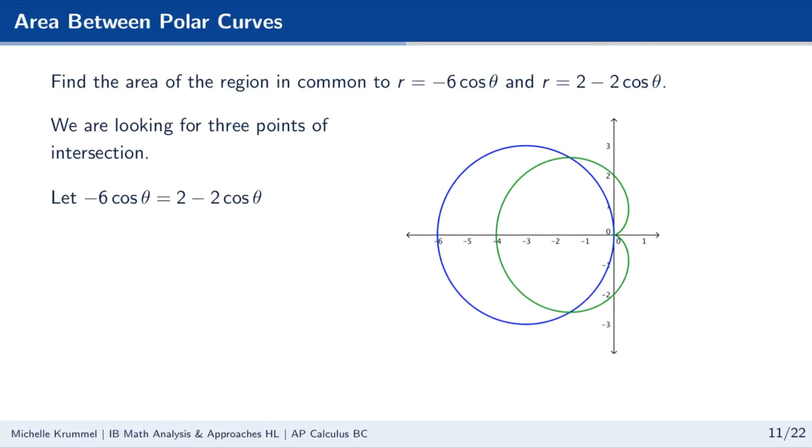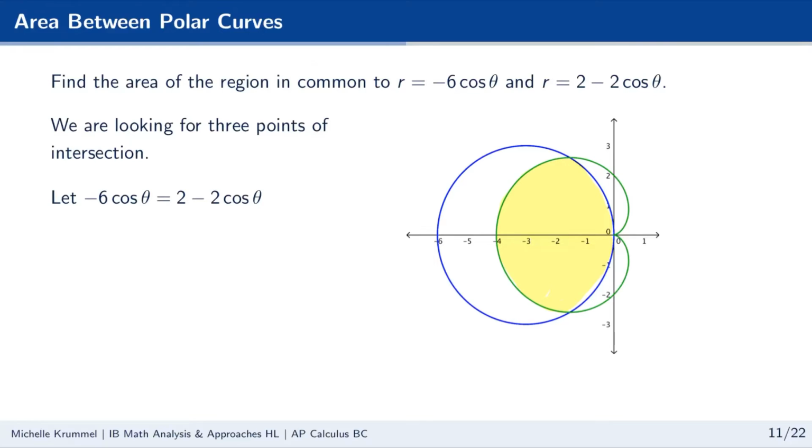In this next example, we're going to find the area of the region in common to both of these polar curves. So the region in common would be the overlapping area, and that would be inside of both the cardioid and the circle. So this is ultimately the area that we're looking for here. And we can use the symmetry of the graph to help us out here.